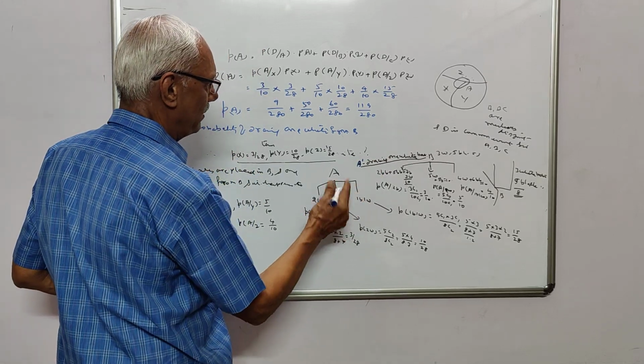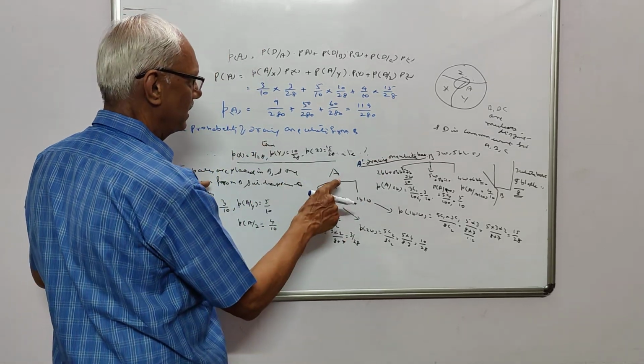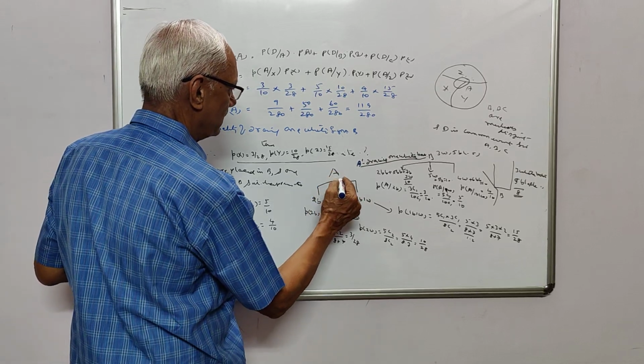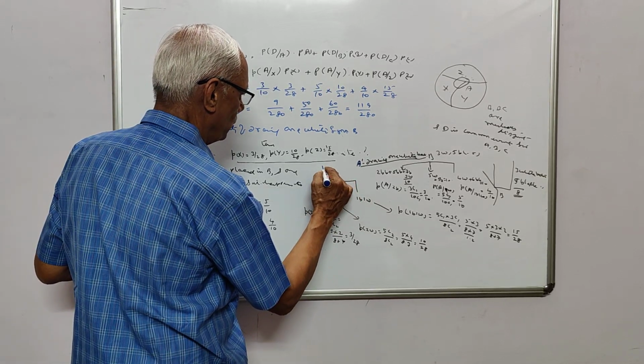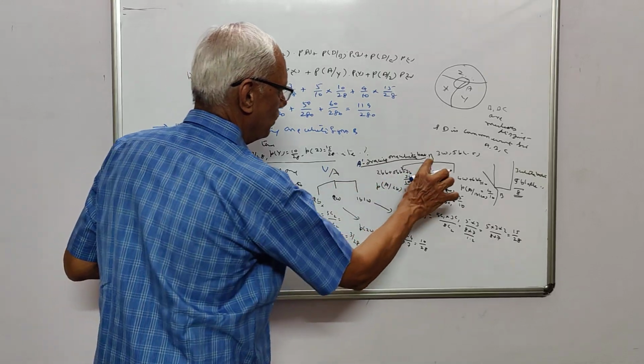If you want, you can just name these, you can call this UA, UB.